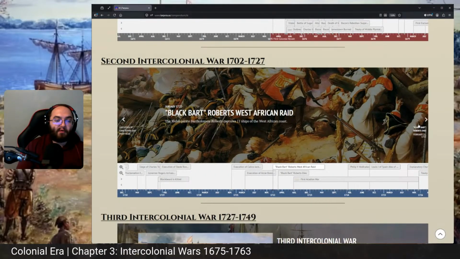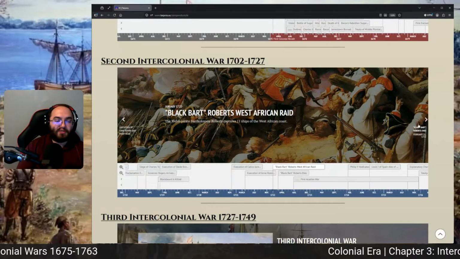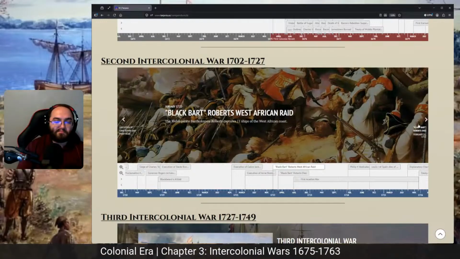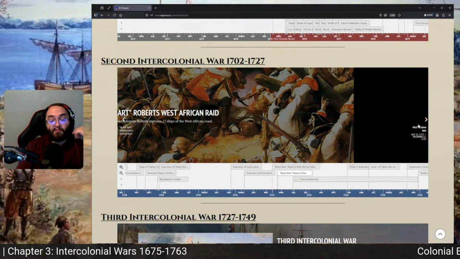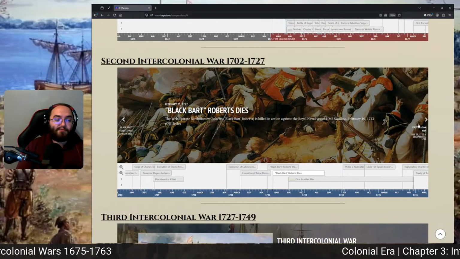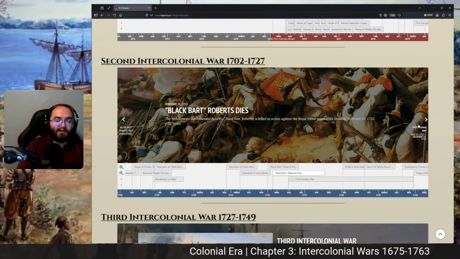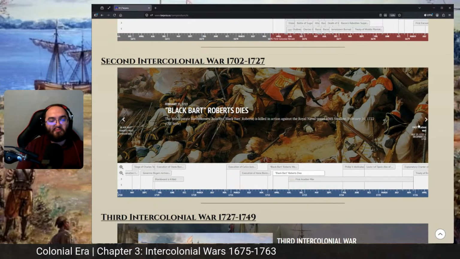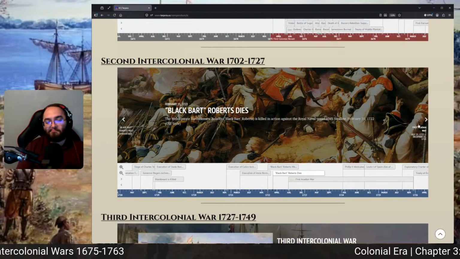And Black Bart Roberts, the last of the infamous pirates, will raid some ships off of the coast of Africa, and then soon after, in February of 1722, he dies, and he is the last of the infamous pirates of the golden age of piracy that we have on the timeline.